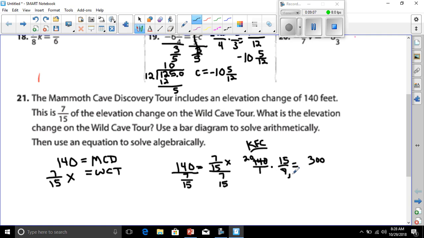And 1 times 1, well, that equals 1. So 300 over 1, that means my answer is, let's see, the Wild Cave Tour equals 300 feet.